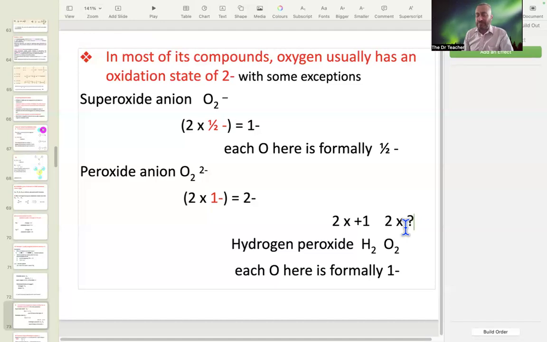So each oxygen should be -1. Now you can see 2 times +1 and 2 times -1, +2 and -2. If you put them together, we end up with 0. So the oxidation state inside hydrogen peroxide is -1 for each oxygen.